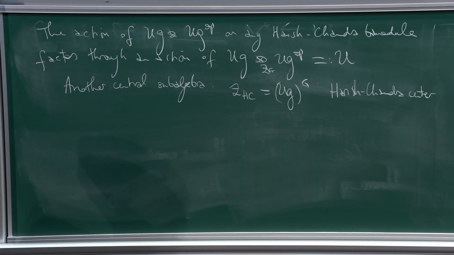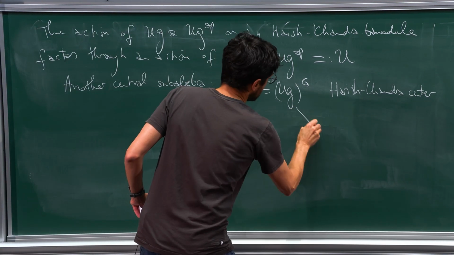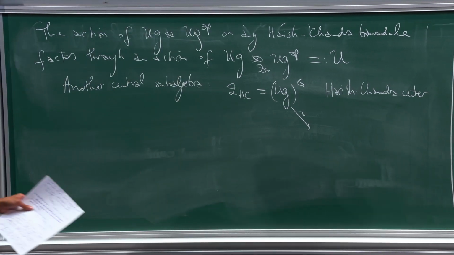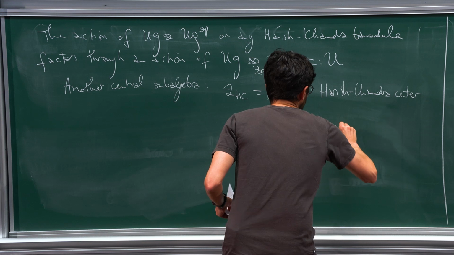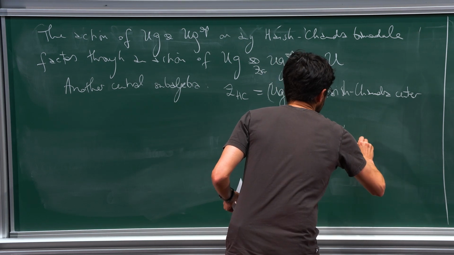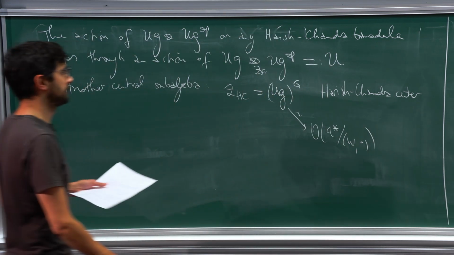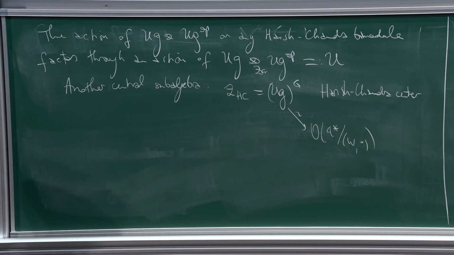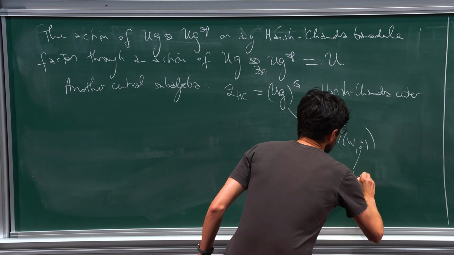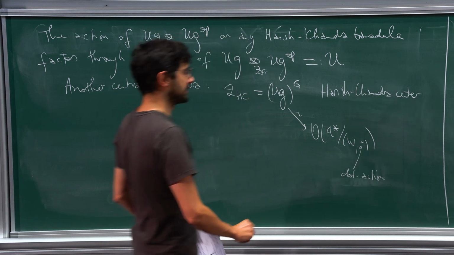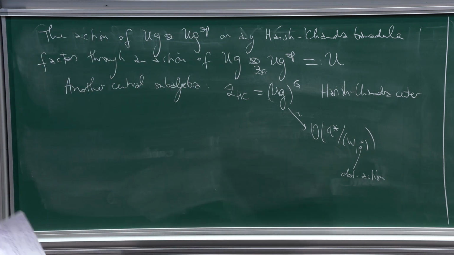And geometrically, at least under some very mild assumptions, this identifies with the quotient of the dual of the Lie algebra of the torus by the Weil group, and this W dot is for the dot action, which is very similar to the dot action that appeared in the previous talk.